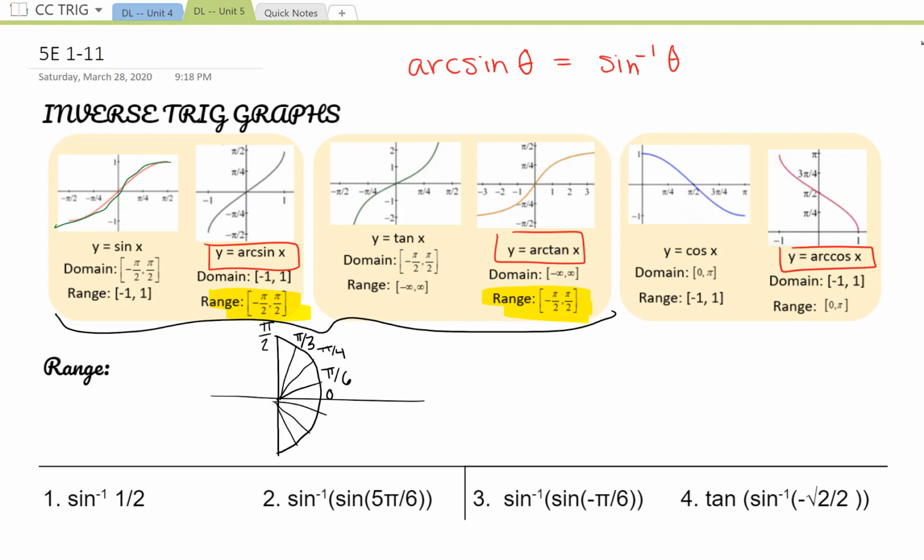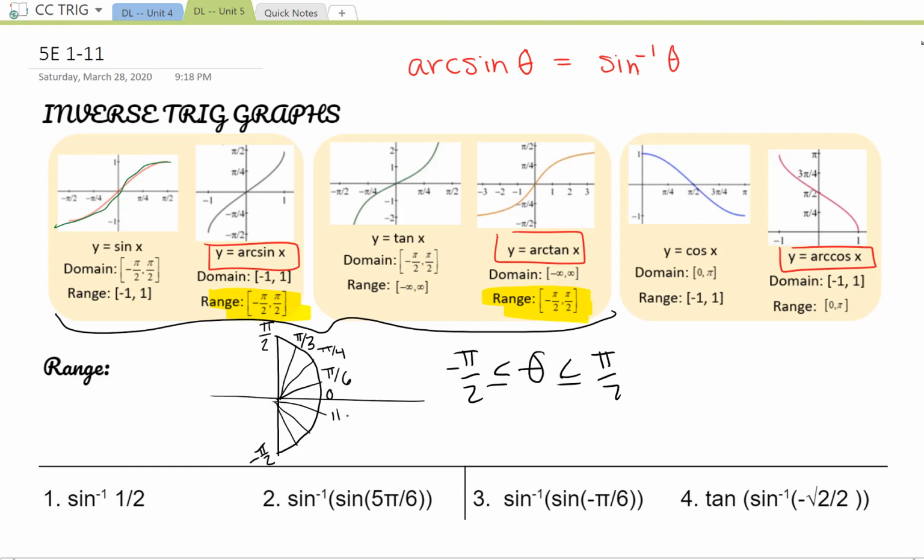Now down here we have -π/2. On your unit circle, it's written as 3π/2, but we have to stay within the range, okay? Theta has to be between -π/2 and π/2. So you may say, oh, this angle can be used.